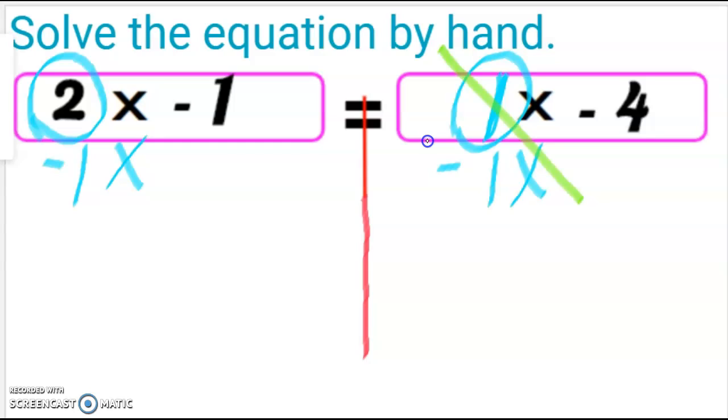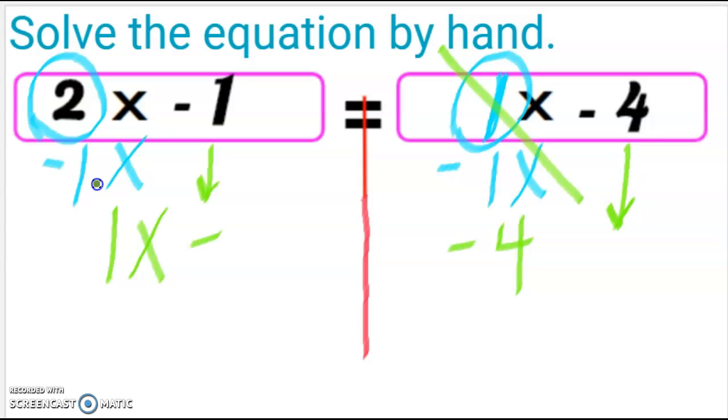Opposites are the ones that cancel out because they just become 0, right? So on the right-hand side, I'm just bringing down my -4. That just comes down. On this side, I've got to actually do what it's telling me, right? So 2 minus 1 is just 1x, right? I'm bringing down my minus 1 because I haven't done anything with it, right? Just going to bring down my equal sign.